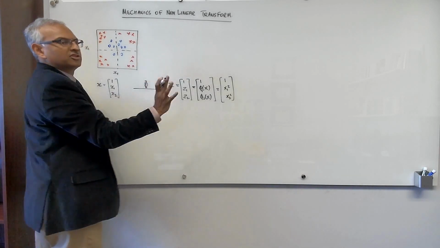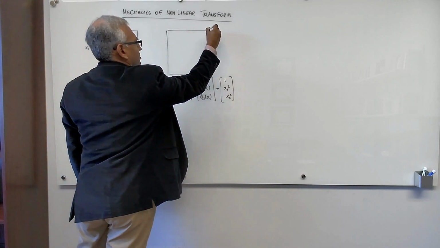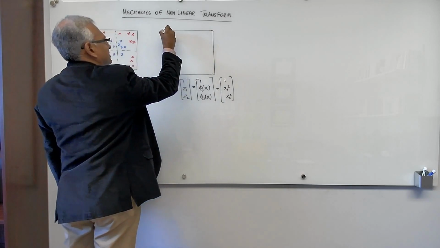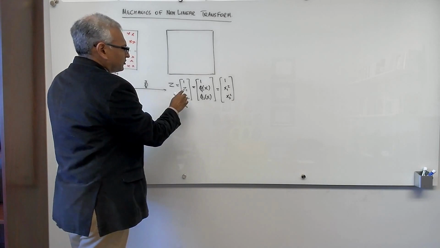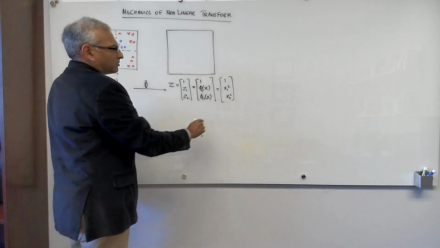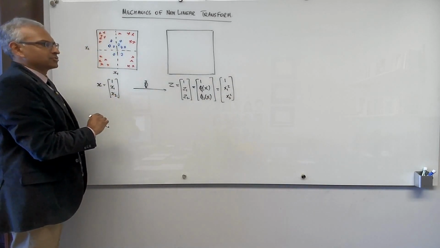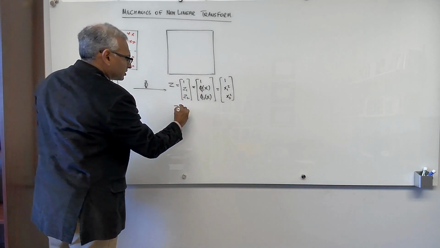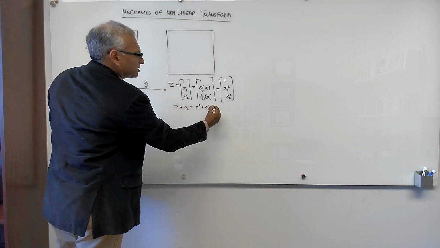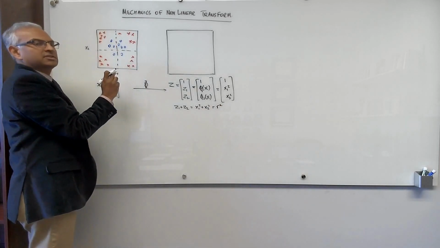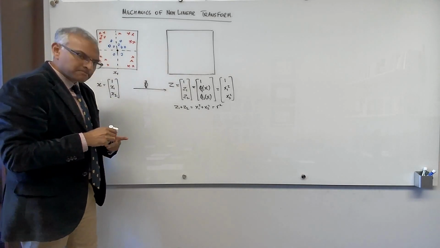Why I chose that transform is illustrative, because I want to show you what's going to happen to the data. In this new space, observe that my new features are x1 squared and x2 squared. So what is x1 squared plus x2 squared? z1 plus z2 is exactly x1 squared plus x2 squared, which is equal to r squared. It's the squared distance from the data point to the origin in my original space.